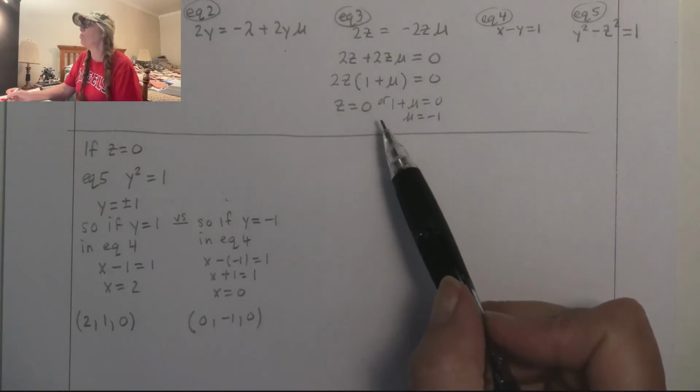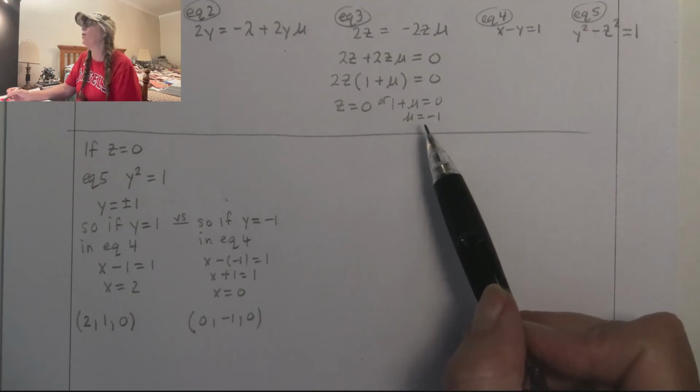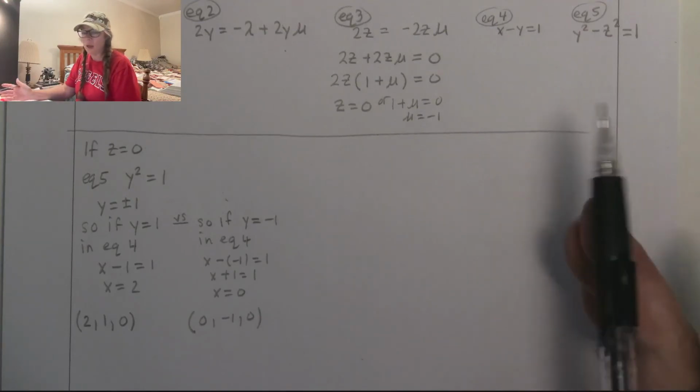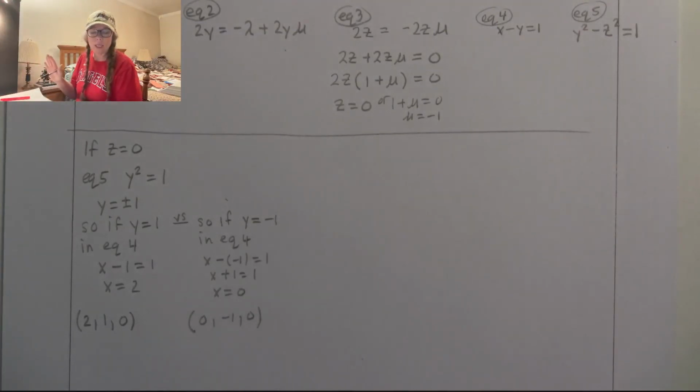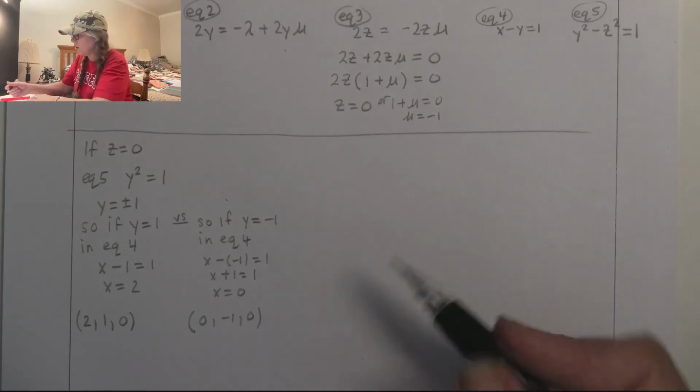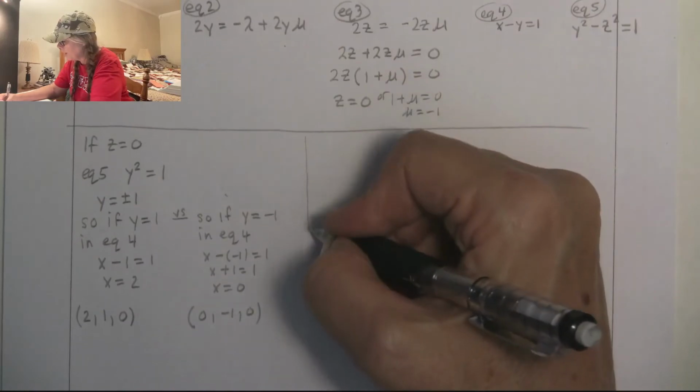The other point I might be able to get a hold of is when mu is equal to negative 1. I want to make sure that I don't get any contradictions, of course. I also had mu is negative 1.